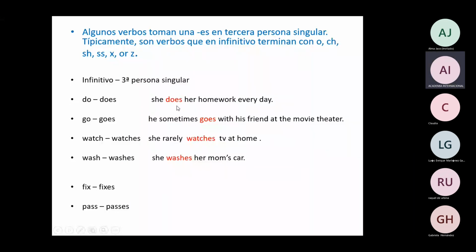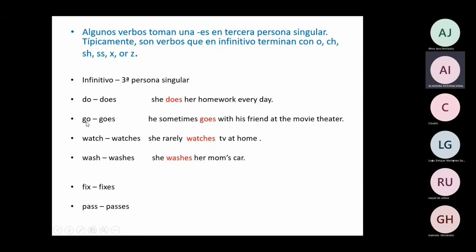Gramaticalmente va a ser incorrecto a pesar de que cualquiera entienda. She do her homework every day? Yeah, I can understand. However, as I mentioned before, that will be grammatically incorrect. Siempre se usa she does. ¿Verdad? En tercera persona nada más.